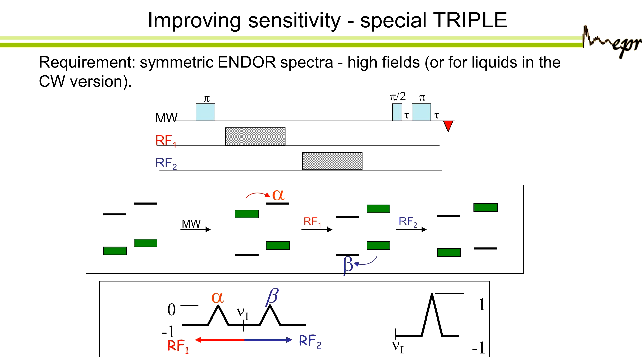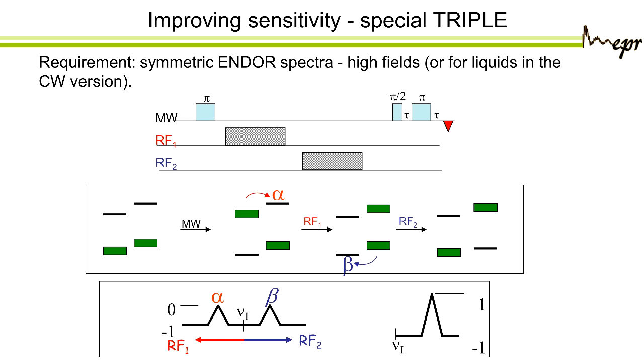First you have your inversion pulse, you invert your population. Then you come with the RF on the alpha manifold, and you go from a signal that was plus 1 to -1, and then from -1 to 0. So the difference is 1.